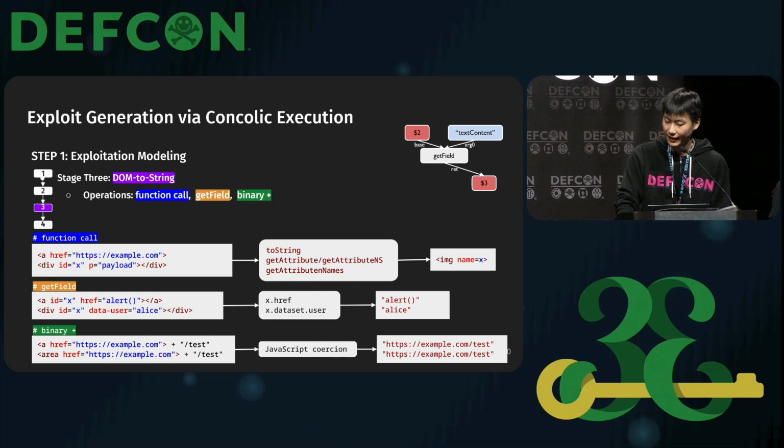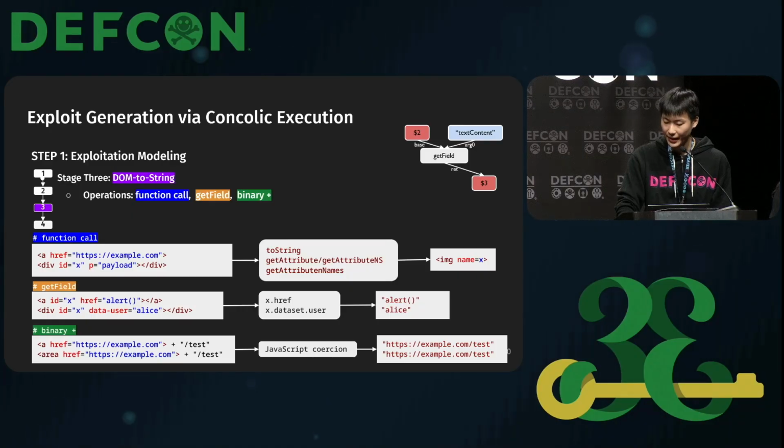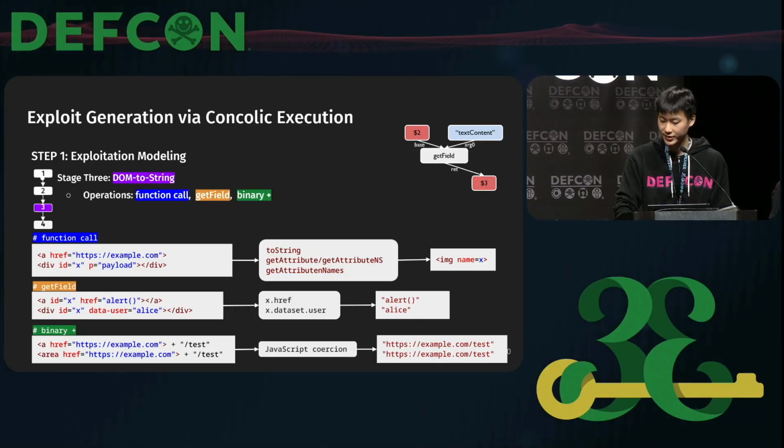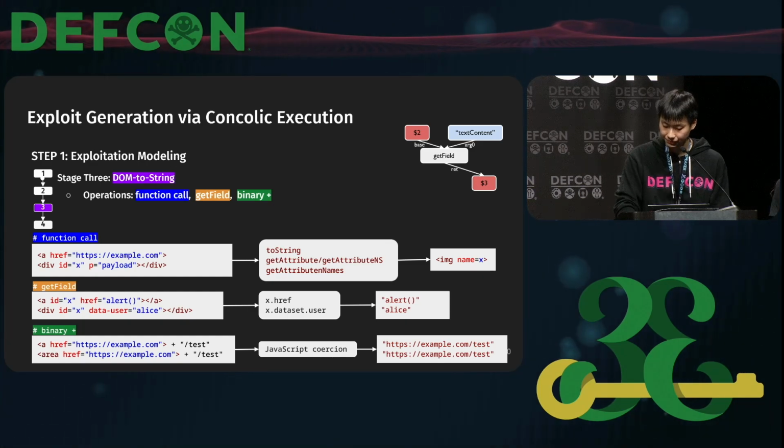To bypass this, the attacker would need to inject a base tag before the clobbered element, controlling how those relative URLs are resolved. Another two operations that can be leveraged are function calls and get field, which are less documented. For function calls, some JavaScript built-ins and browser APIs would automatically coerce their arguments or property values to string. So in that case, if the attacker-controlled value is passed to those or accessed in this way, the browser would perform the coercion just like during the binary operations.